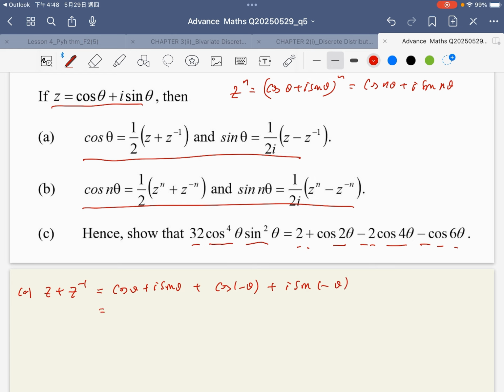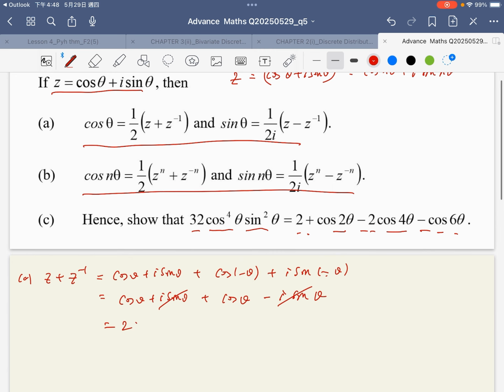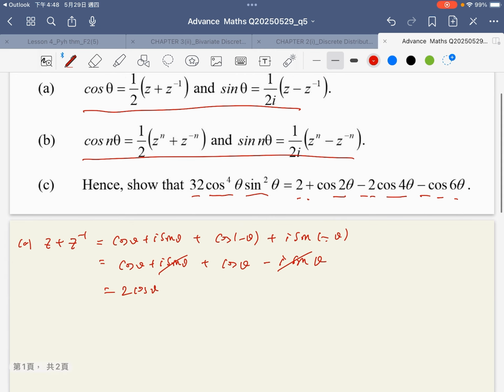As cosine negative theta is equal to cosine theta, and the sine terms cancel, 2 cosine theta equals this. Therefore, cosine theta equals 1 over 2 times z plus z to the power minus 1.